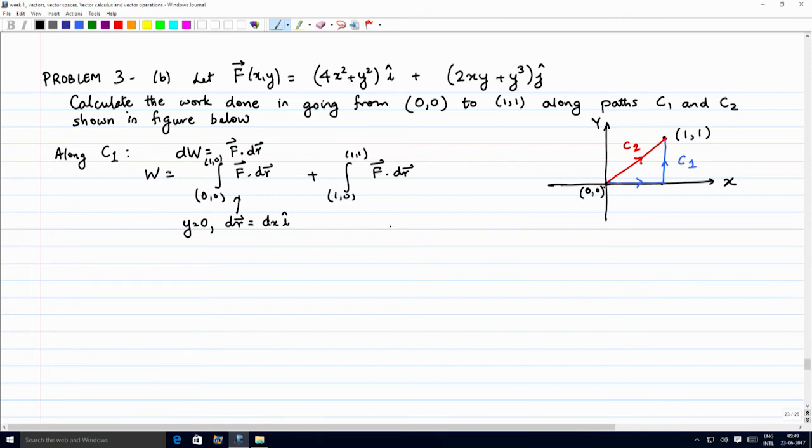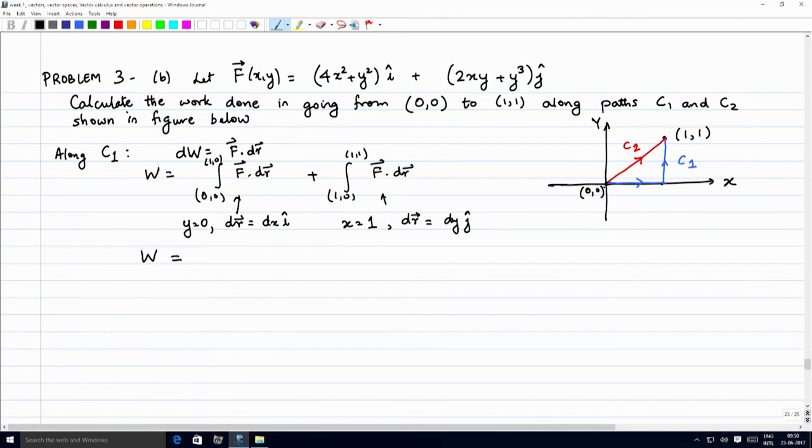Along the second path you have x equal to 1, x is fixed at 1, it is always 1 along this path, and you have dr equal to dy j. So, these are the two characteristics of the two paths.